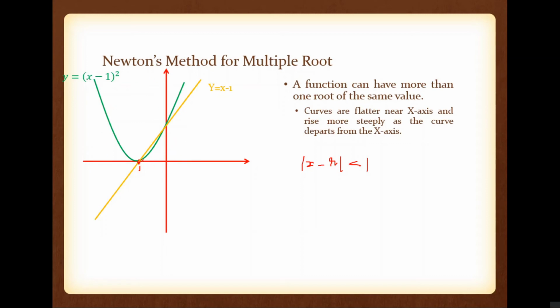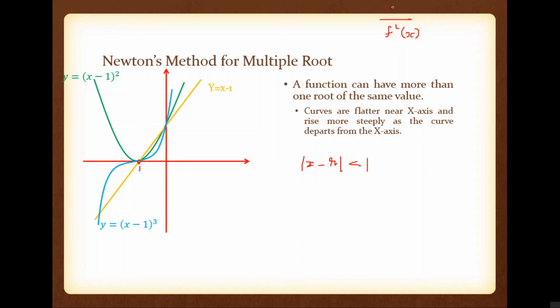Now what about x minus 1 all cube? If y equal to x minus 1 all cube, again at x equal to 1 we have 3 roots, a multiple root. Very near to the root, the slope is very small. What is slope? Slope is f dash of x. And in Newton's method, f dash of x is the denominator.